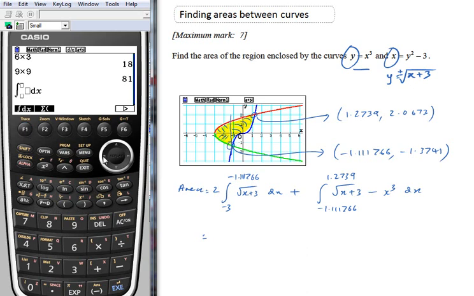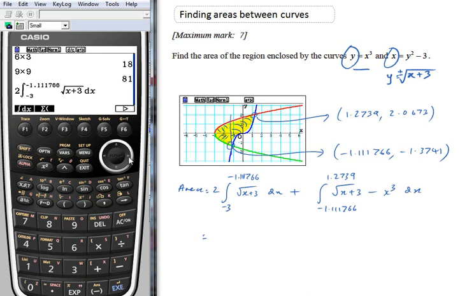I'm going to need 2 times that. I need to put in my function here, shift square root x plus 3, and the integral is between these 2 points. Absolutely no chance with this kind of accuracy of failing to get the correct answer.